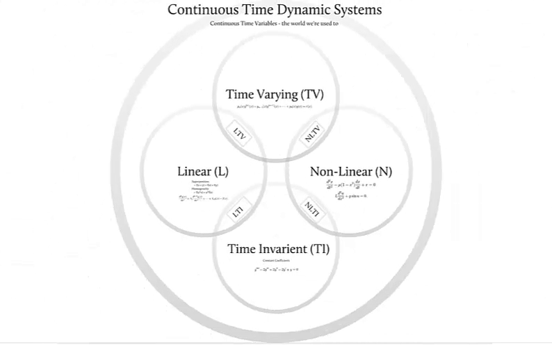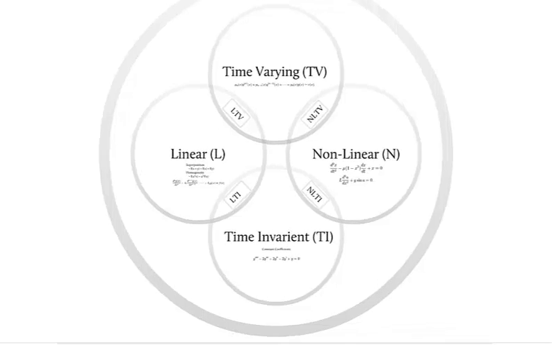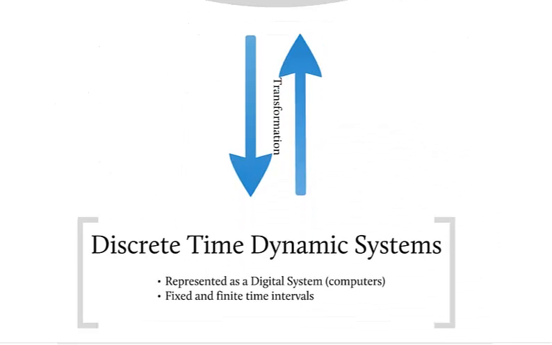So that's the continuous time world, and another way of looking at the world would be what we would refer to as the discrete time dynamic systems, or discrete time world. And there's transformation involved, and you can go back and forth between continuous and discrete time systems. We're not going to spend a lot of time on discrete time systems here because most of the dynamic systems we deal with are continuous in nature. But these are systems that are really a digital representation of the system.